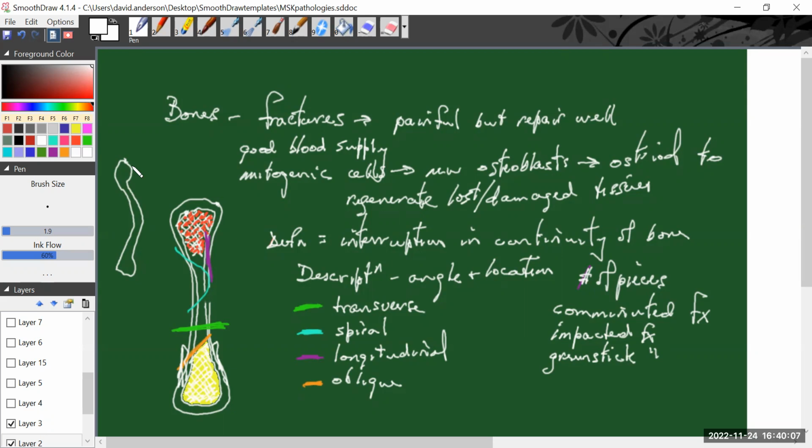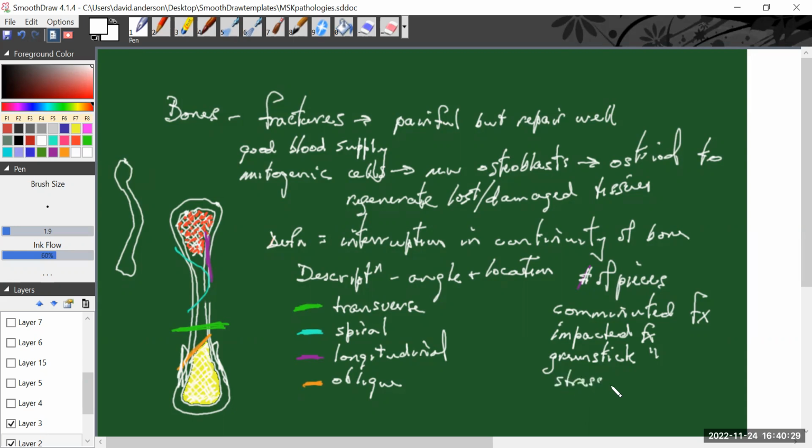Remember, the base that our long bones are made from is cartilage. So the cartilage is going to have a tendency to bend before it actually breaks. And that's what's described as a green stick fracture. If you've ever taken a branch off a tree and tried to snap it in half, a living branch is going to bend before it breaks, and that's where this term green stick comes from.